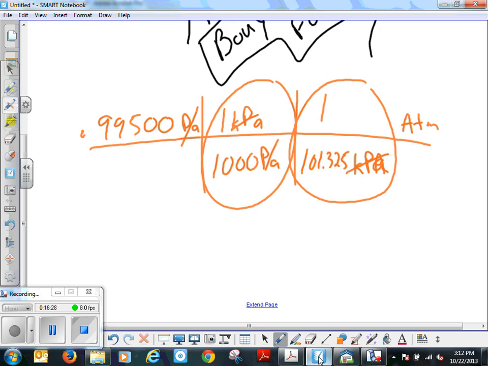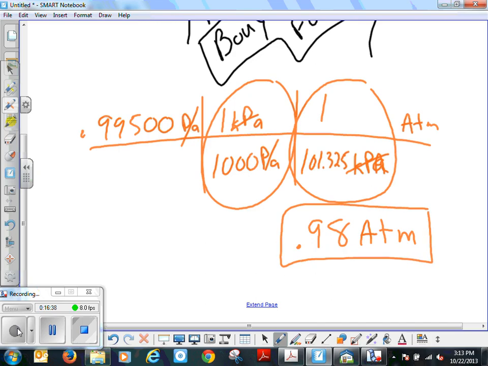Let's see what you guys get. If you do that correctly, you come up with an answer of 0.98 atmospheres, and that is the correct answer. So you would be up a little bit from sea level. Like here in Bismarck, we're at about 1,650, 1,700 feet above sea level. So on an average day, we would have less than an atmosphere on our body. Any questions on that?